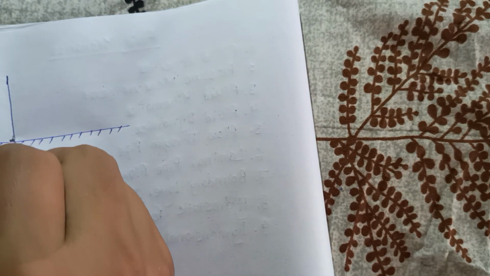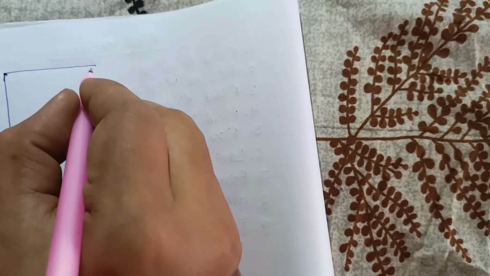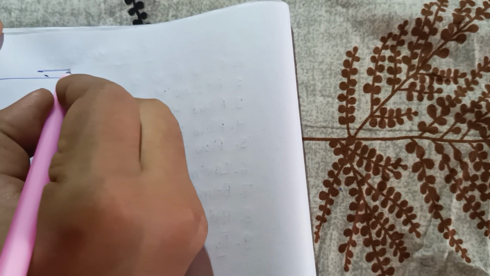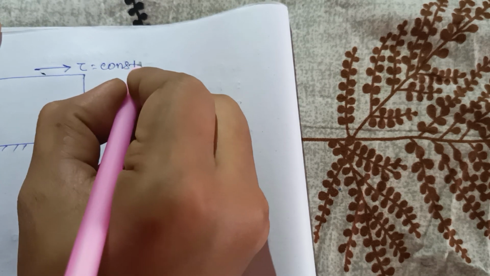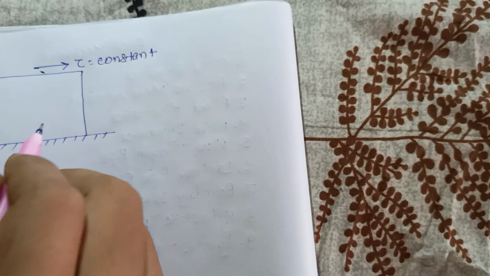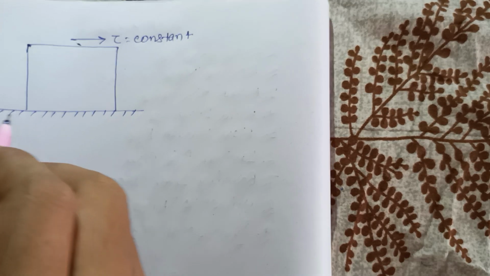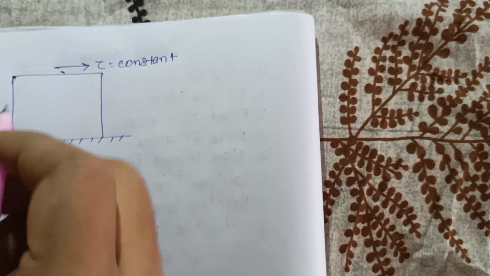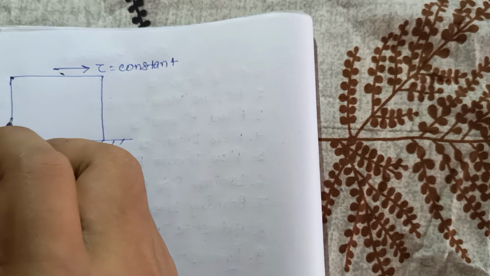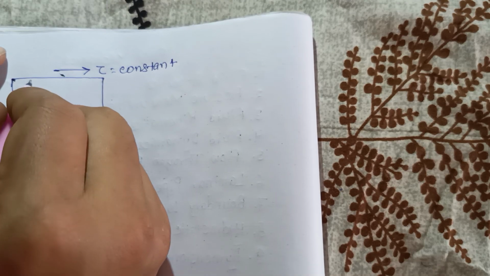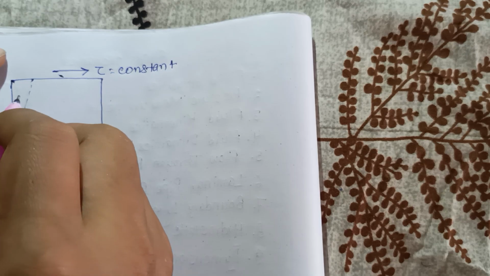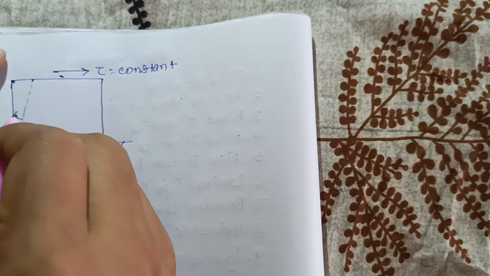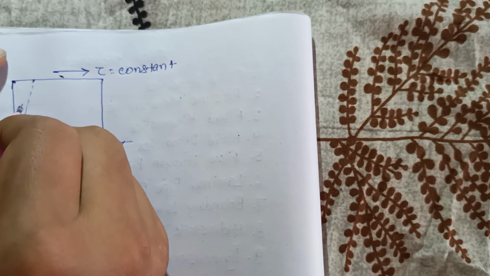So this is the fluid here, and if you apply shear stress tau equal to constant, then you see that at some time t1 the shear strain is phi 1.